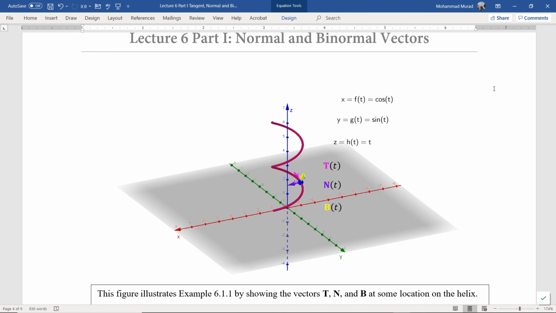The unit tangent vector T, the normal vector N, and the binormal vector B for a circular helix at a certain point are shown in this figure.